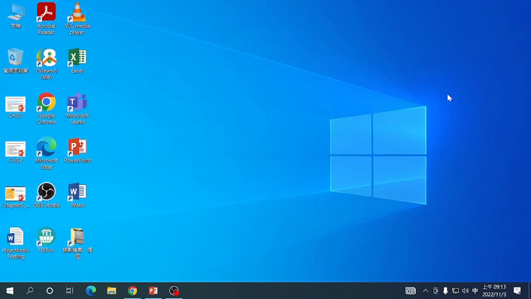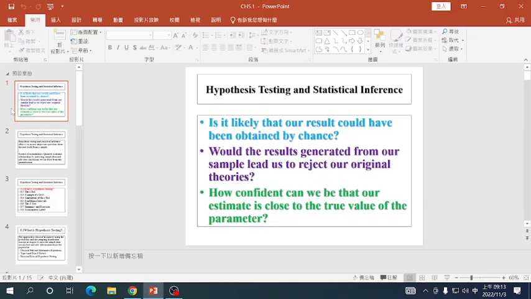Okay, this is the general rule to do the hypothesis testing. Did you all see that? I'll see whether I have all this. Maybe I don't have this.